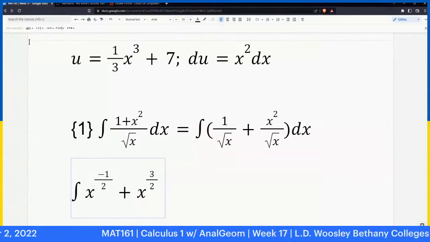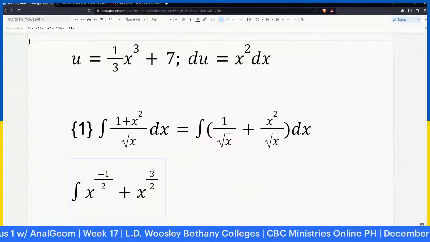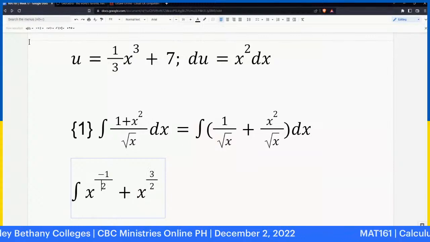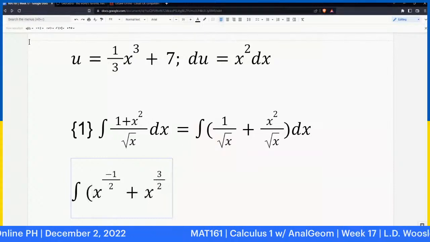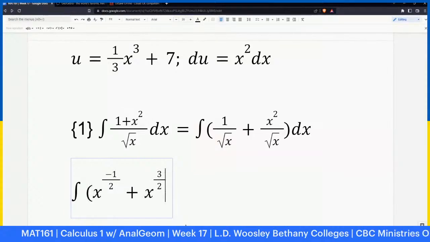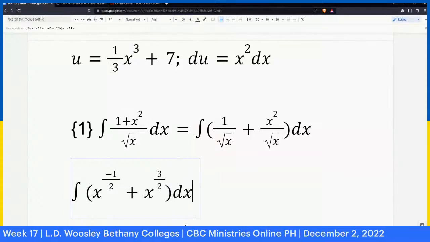O, apply na natin yung power formula. What's the answer?